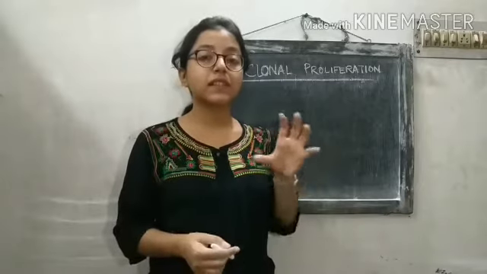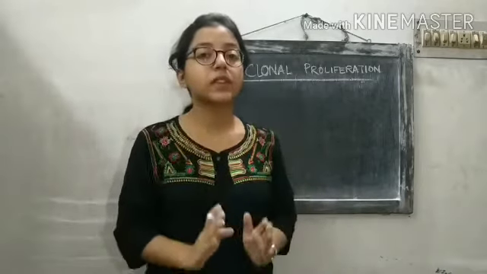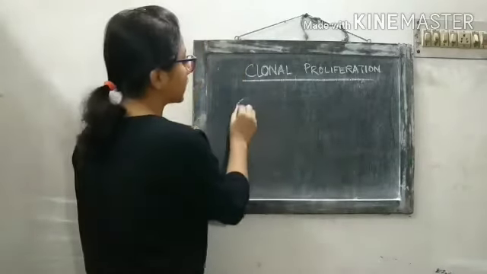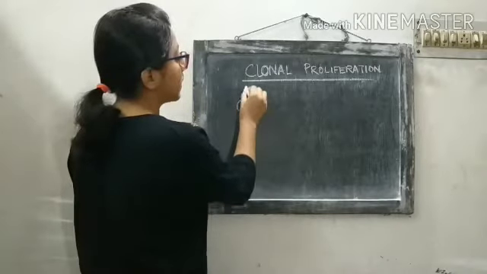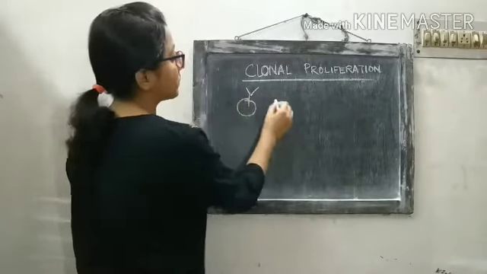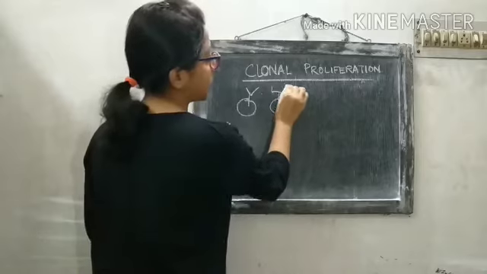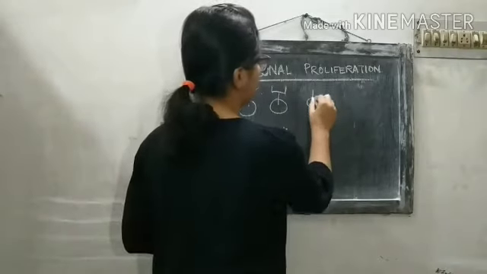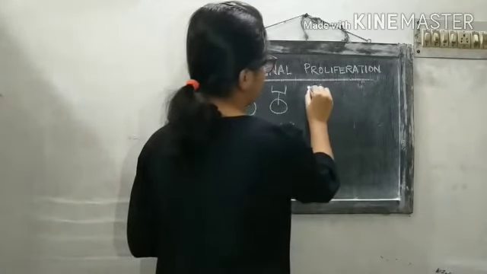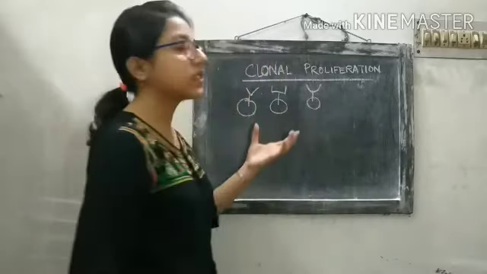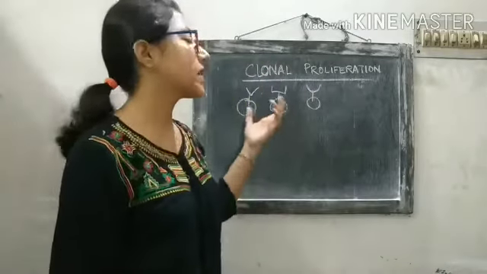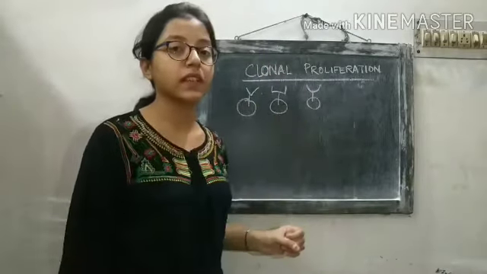So B cells have different receptors on their surface. If we consider these as B cells, one B cell has this structure, the other one might have this structure. These are the different types of receptors present on the surface of the B cell.